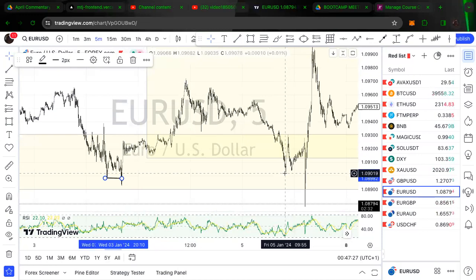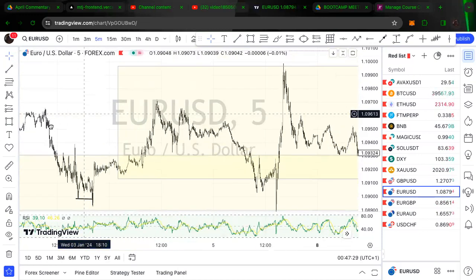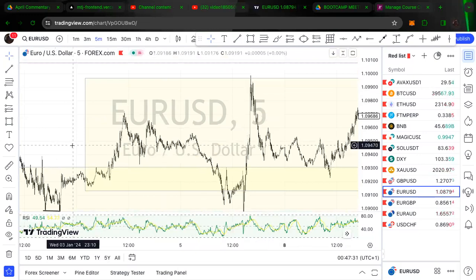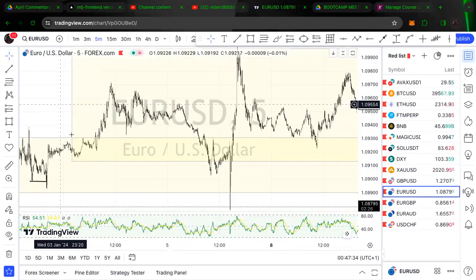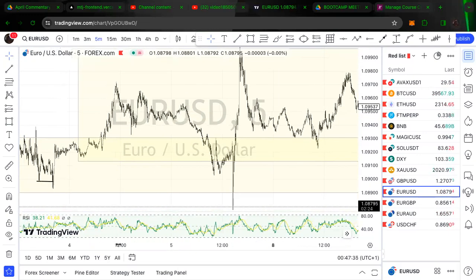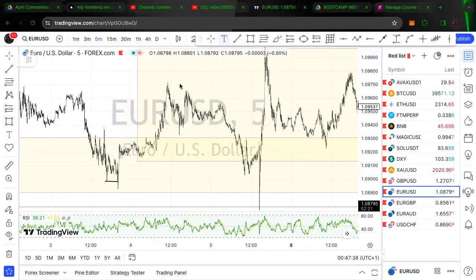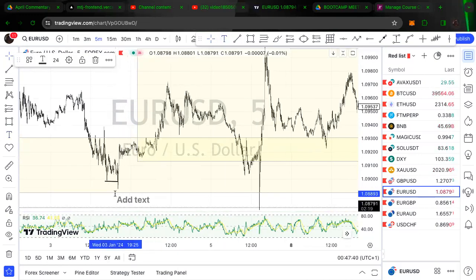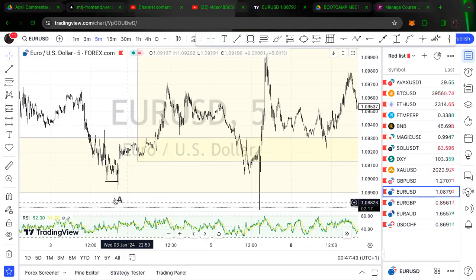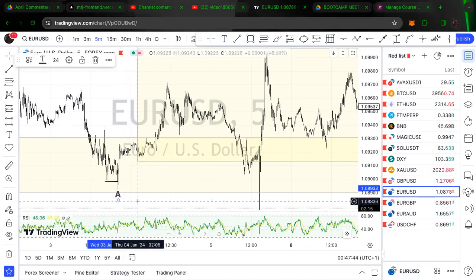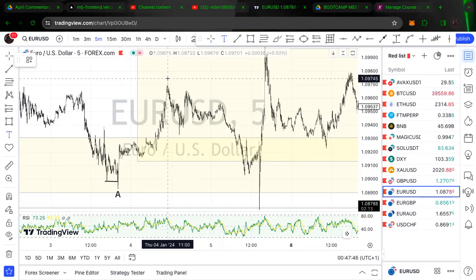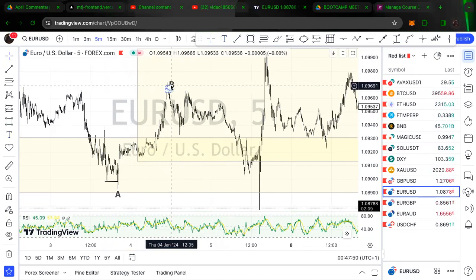This is C right here, right? C now created D, because D must break B. Let me highlight it. So we have A here. We have B. I'm on the 5 minutes time frame, guys.